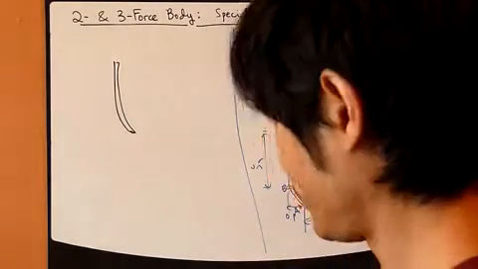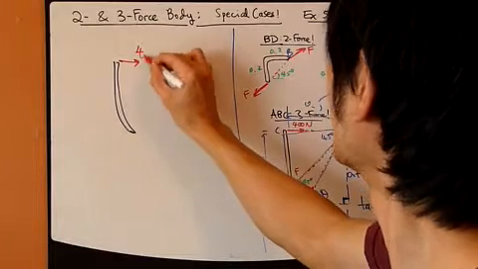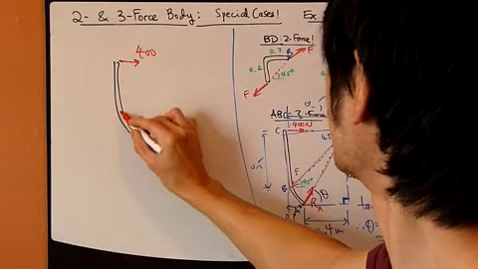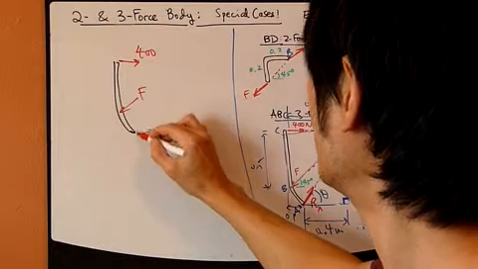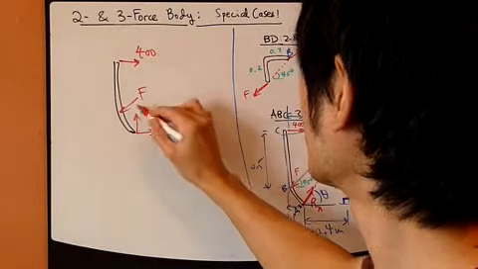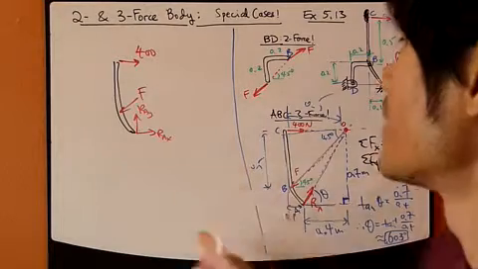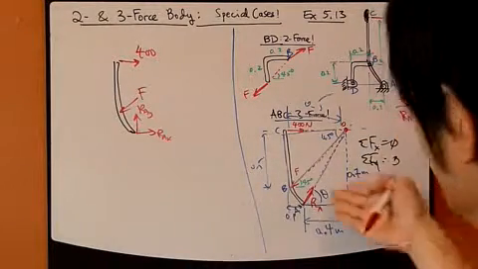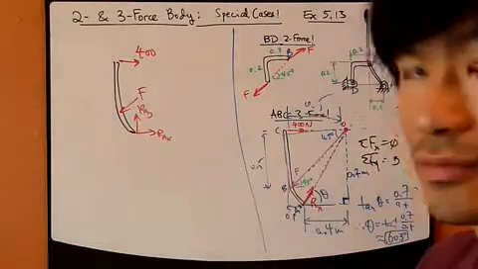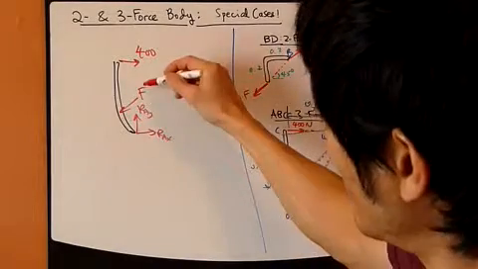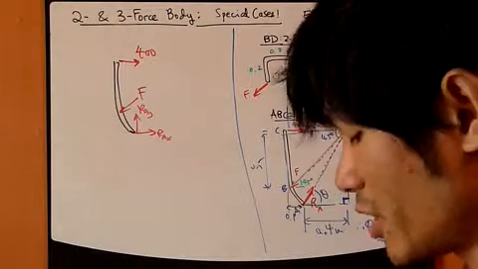So you have the given force 400, and then the reaction force, and now I have RAX, RAY. In this case, you don't have to figure out the angle here, because it's just horizontal or vertical. But now I have three unknowns instead of two, so I need three equations.